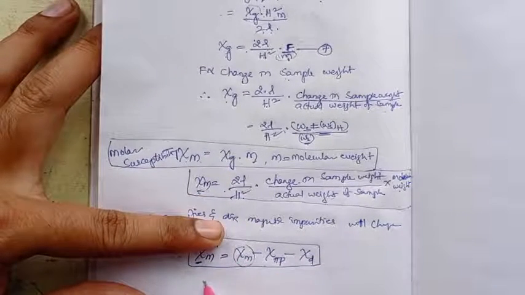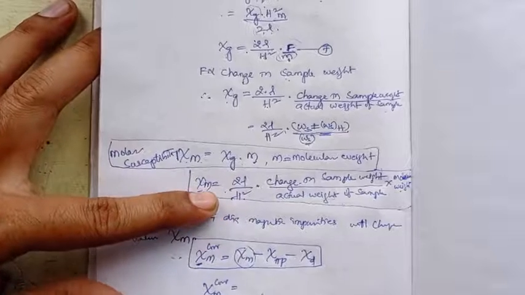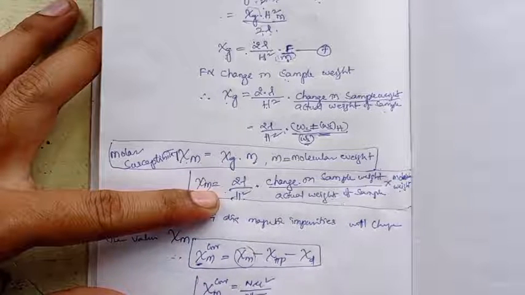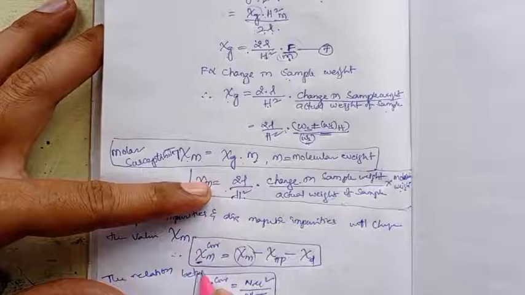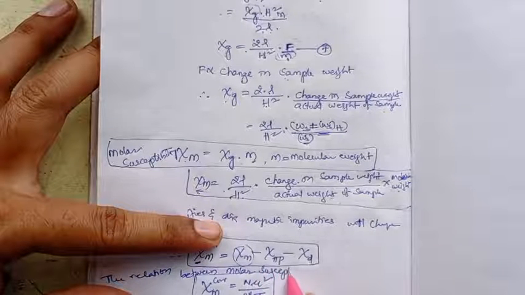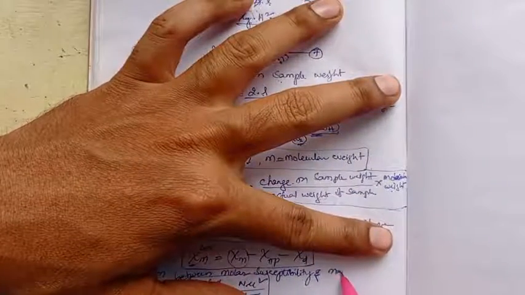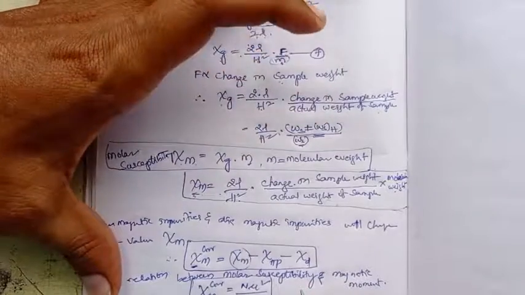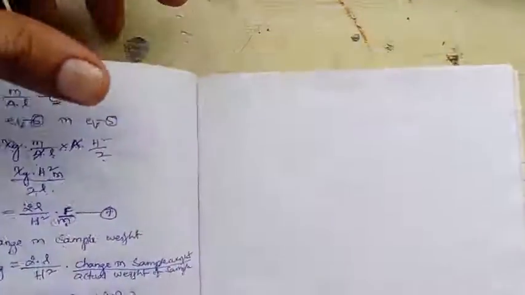There we have an equation: molar susceptibility is equal to N mu square by 3kT. This is the relation between molar susceptibility and magnetic moment, equation number 8.